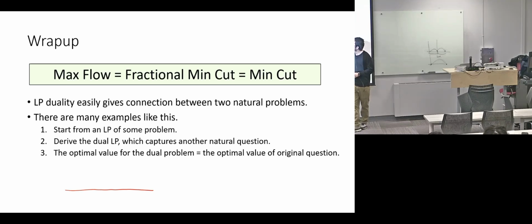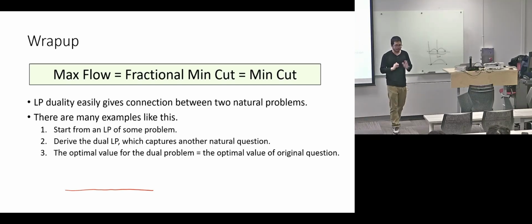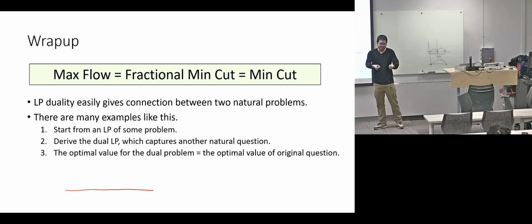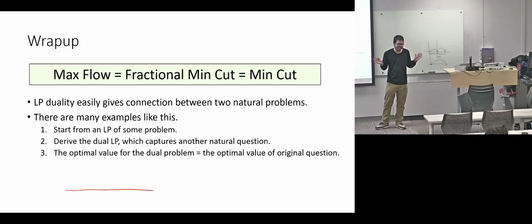Okay. And this is just an example of how to use LP to prove some combinatorics, right? I give you this example because you at least have intuition about max flow and min cut. But you can use it to prove so many other things.